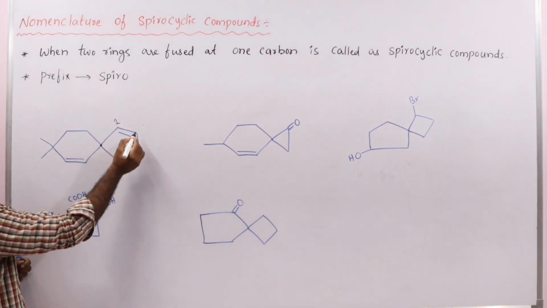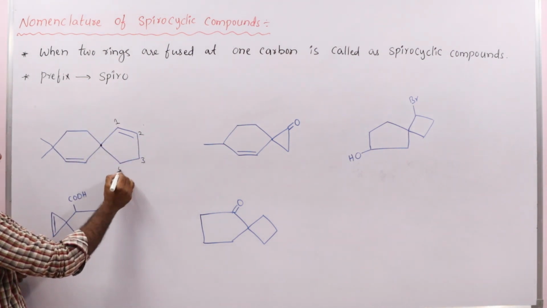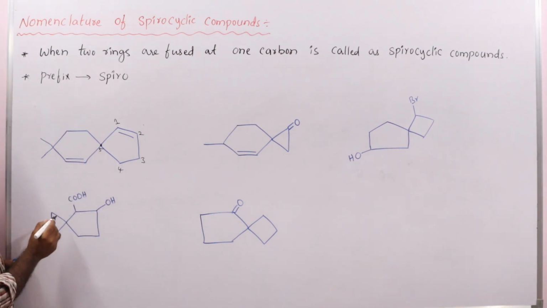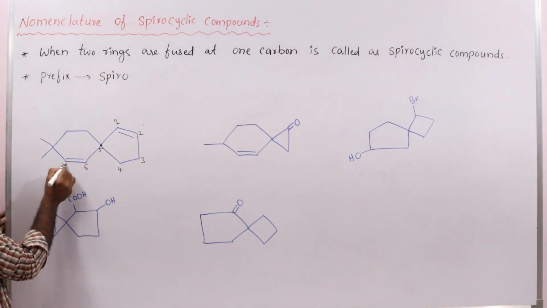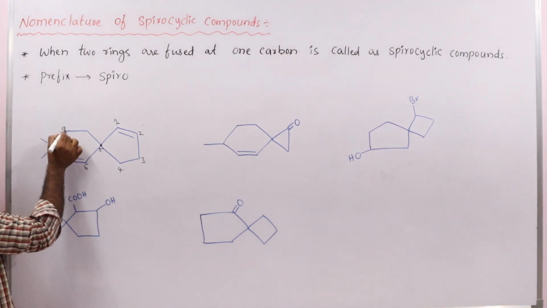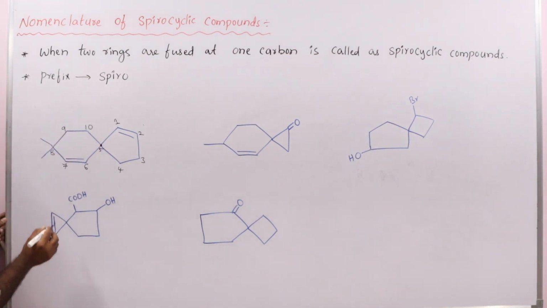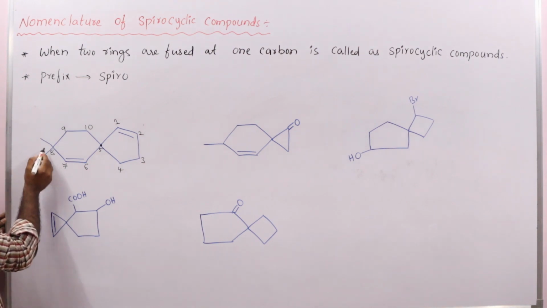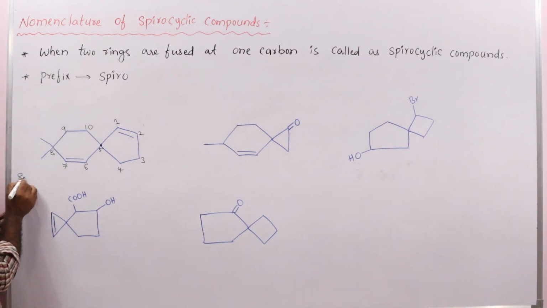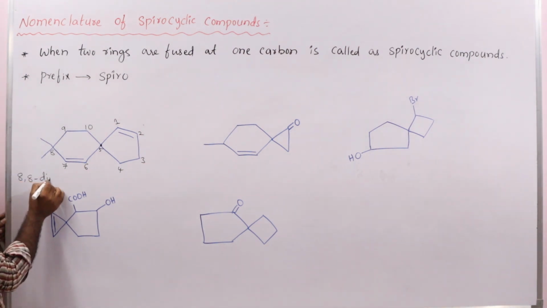These are numbers 1, 2, 3, 4, 5. Then number 6 we have to give to this carbon because here an unsaturated double bond is there. That's why 6, 7, 8, 9, 10. Okay, here at 8th position 2 substituents, 2 methyl groups are there. That's why 8,8 dimethyl.